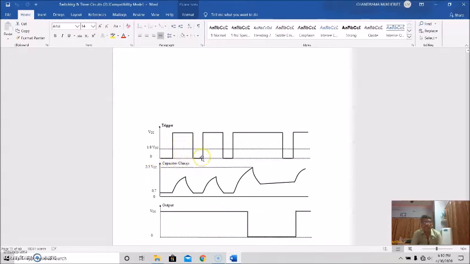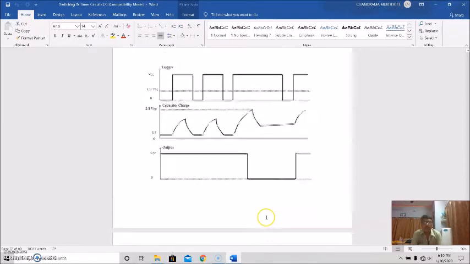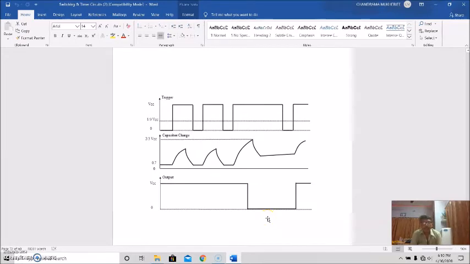This is the trigger pulse, this is the capacitor charge, maximum 2/3 of VCC, and this is the output here. So in this way, the monostable multivibrator using 555 timer circuit can be used as a missing pulse detector.